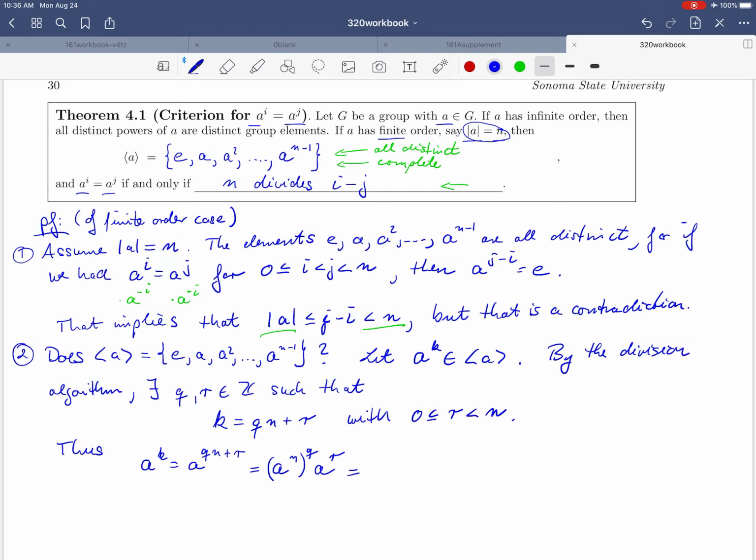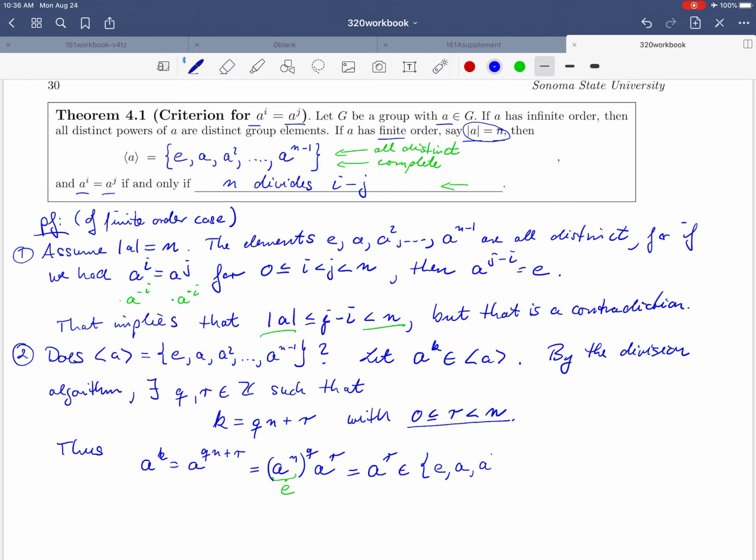But A to the n is the identity. This right here is our identity element, and the identity to any power is still the identity. And so we succeeded in writing this as just A to the r, where r is between 0 inclusive and n exclusive. And so this is definitely one of our elements.